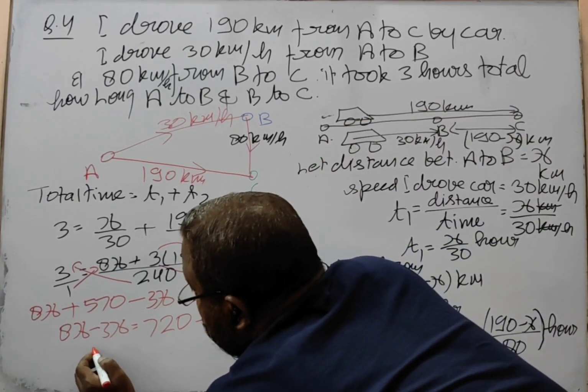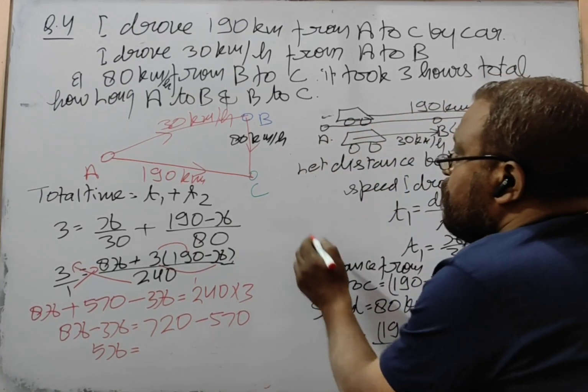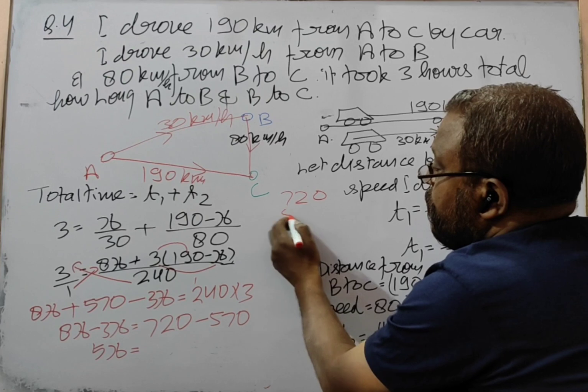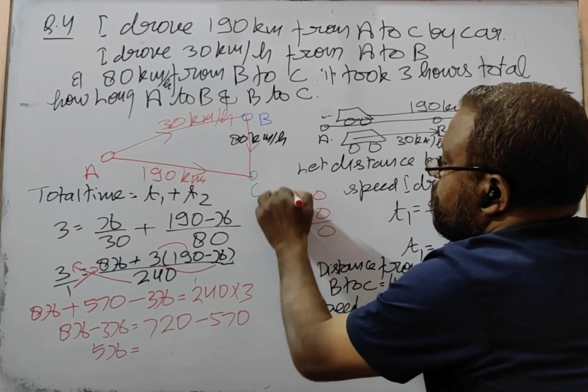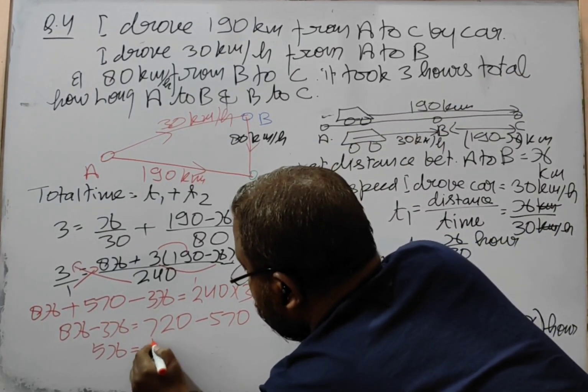Now we get 5x is equal to 720 minus 570, which is 150, right?